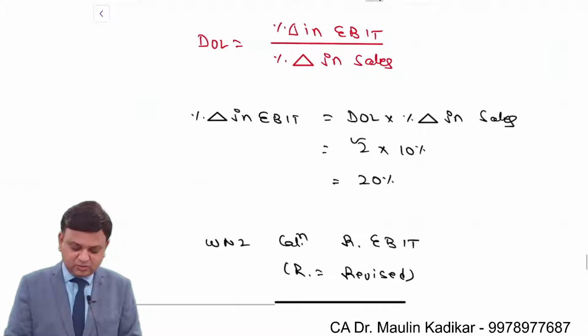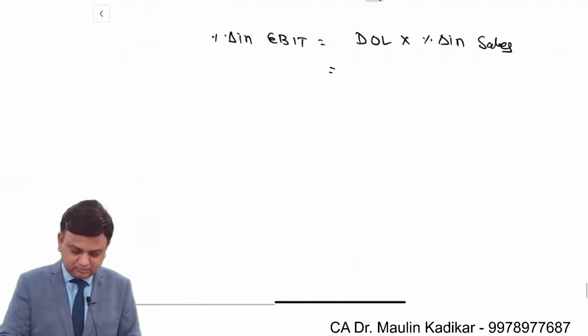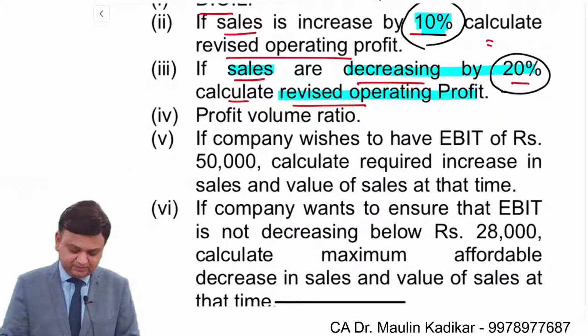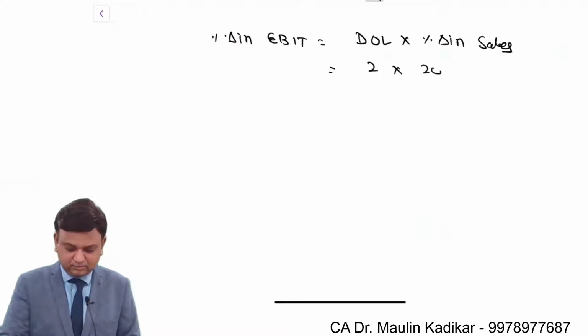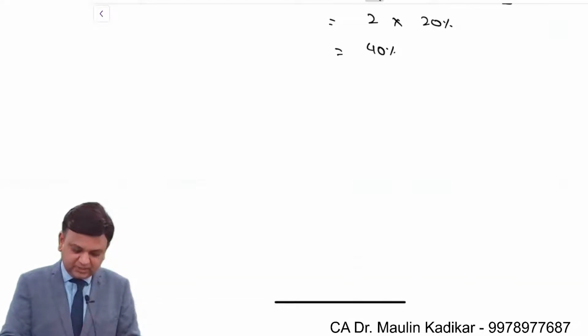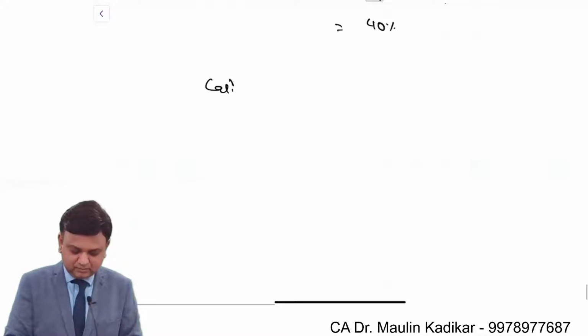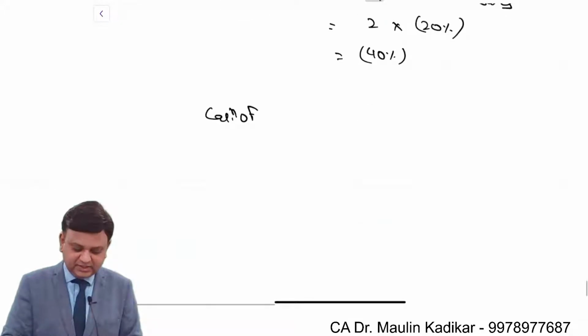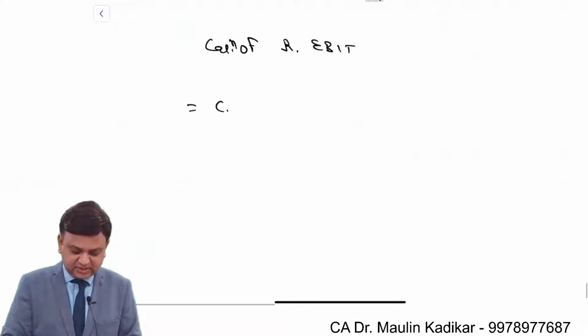What is DOL? It is 2. What is the change in sales? 20%. So this comes to 40%. Then calculation of revised EBIT. It is calculated as current EBIT minus change in EBIT because there is a reduction.